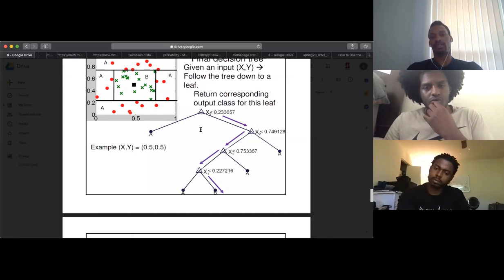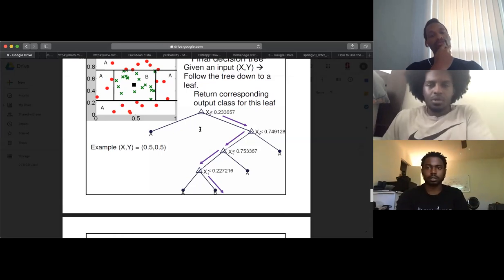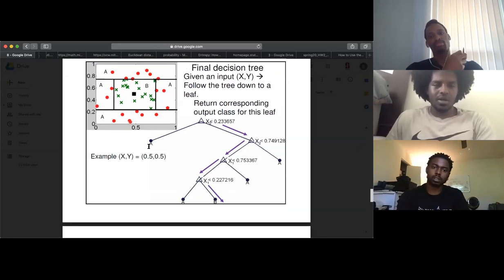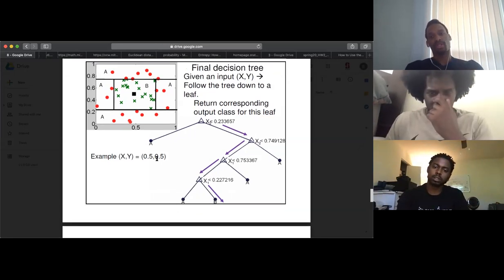So x2 less than 0.23 always goes left, and then you see x2 less than 0.67 always goes left, and so on. But does that still work if your x and y values were 0.5? Yeah, it does. The directions work.